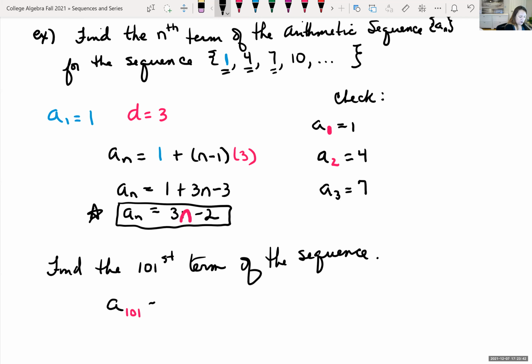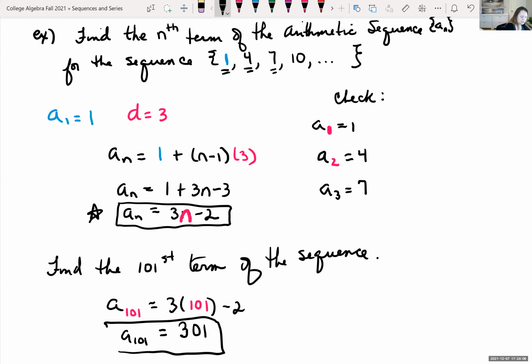So we would go in here, wherever we saw an n, we would plug in 101, and we would simplify. So we have 3 times 101, which is 303, and 303 minus 2 is 301. So I know the 101st term of that sequence, without listing out 101 terms, is 301.